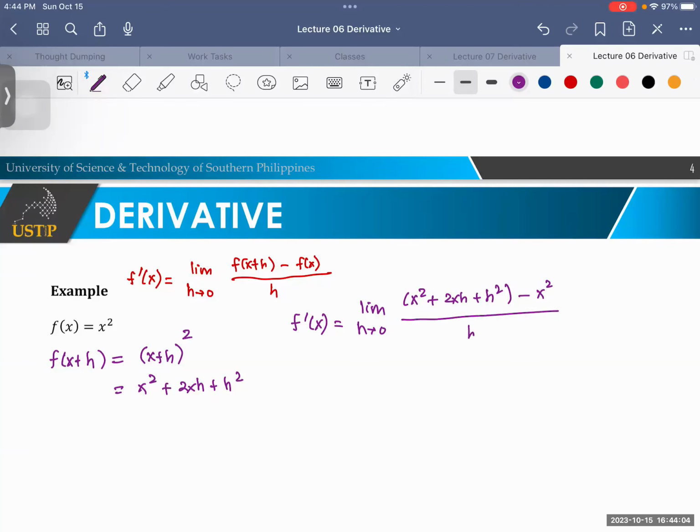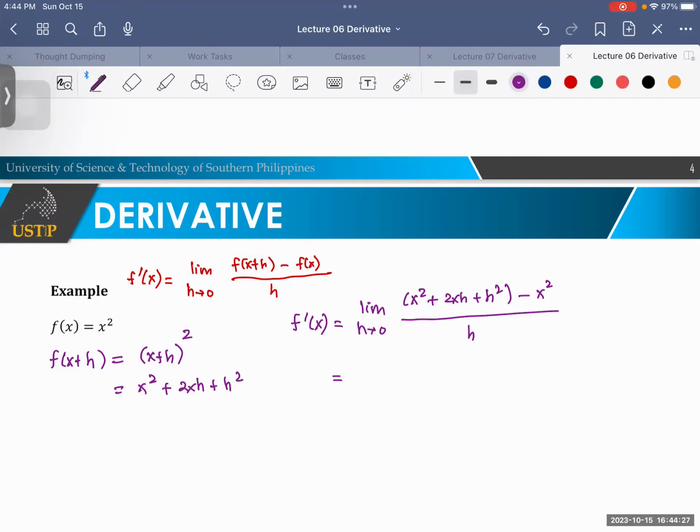all over h. Now, same approach, class, in solving these limits, because if you see, this limit is always going to be undefined, right, if we substitute h there. So our goal is, how do we get rid of h in our denominator?